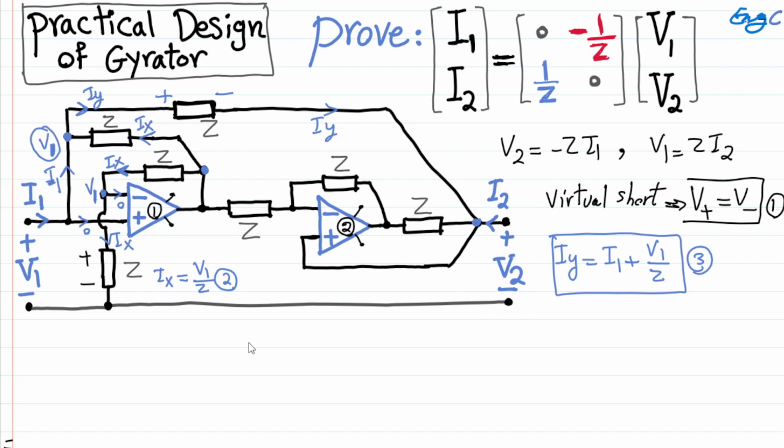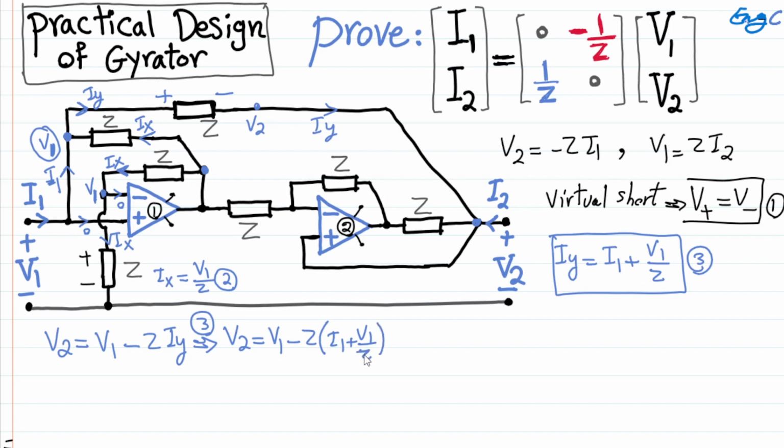So V2 is equal to V1, the left-hand side, minus the voltage drop, which is Z times Ivi. As a result, V2 is equal to V1 minus Z, and I'm using equation 3 now to substitute for Ivi: Z times I1 plus V1 over Z.